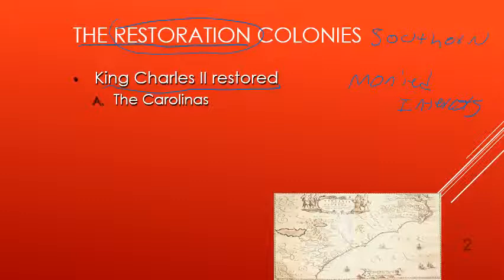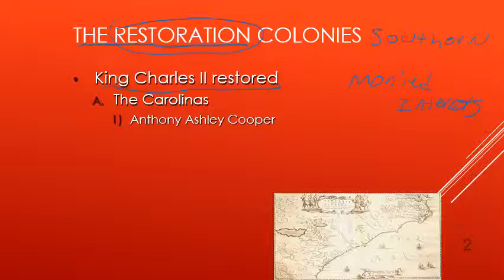So the man that he encourages and gets to establish 2 proprietary colonies in the Americas is a man by the name of Anthony Ashley Cooper. Again, someone who was in the favor of the king. He was an earl, the Earl of Shaftesbury, so basically a pretty prominent figure in England, and he helps establish the Carolinas.